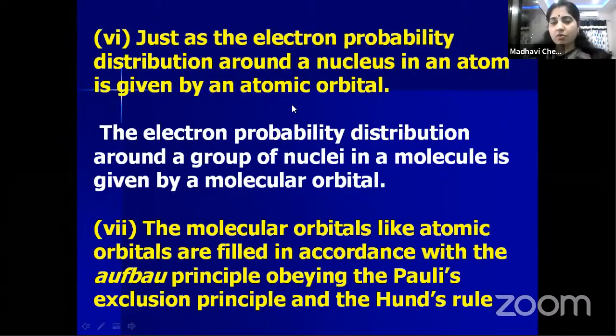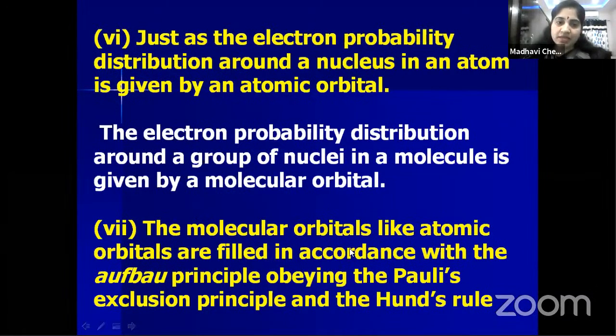In case of a molecule, many nuclei are present. That's why the probability distribution around a group of nuclei in a molecule is given by molecular orbital.